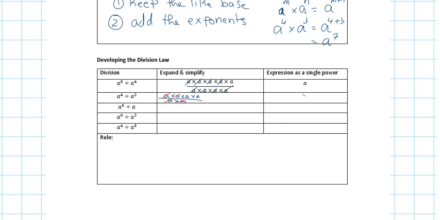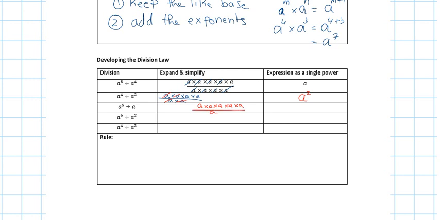Let's write this one. So I have A times A times A times A times A divided by A to the power of 4. So if I cancel this and this, I'll be left with A to the power of 4.